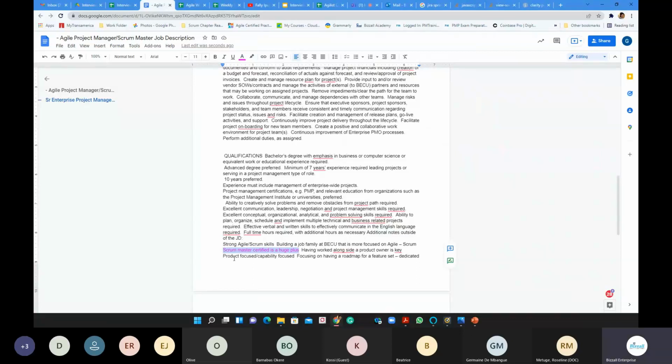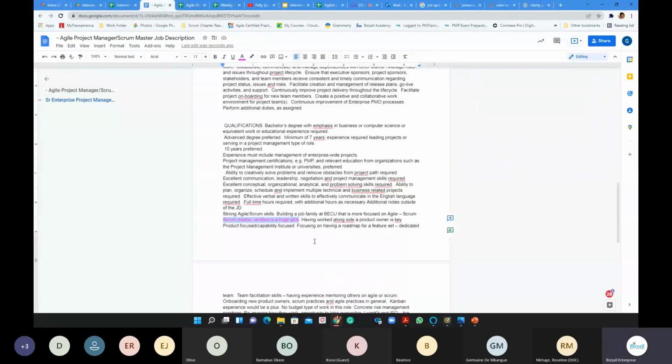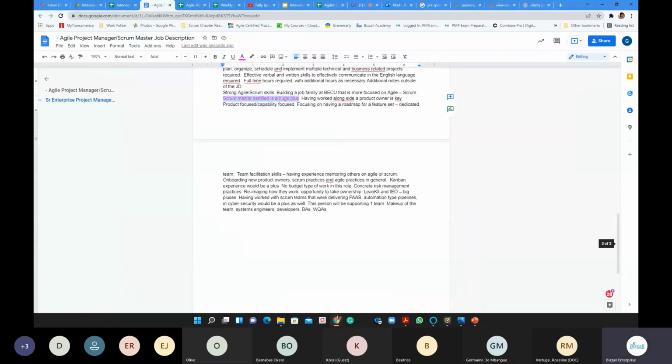Product focus capability, focusing on having a roadmap for feature sets, all that is really having experience monitoring or working on Agile or Scrum. You see that when you say, for instance, that you've been a Scrum Master before, it already counts for them. Onboarding new product owners, Scrum practices, and Agile practices in general.